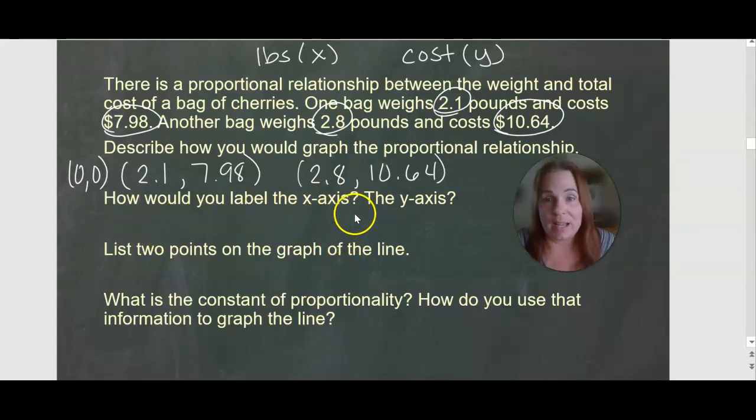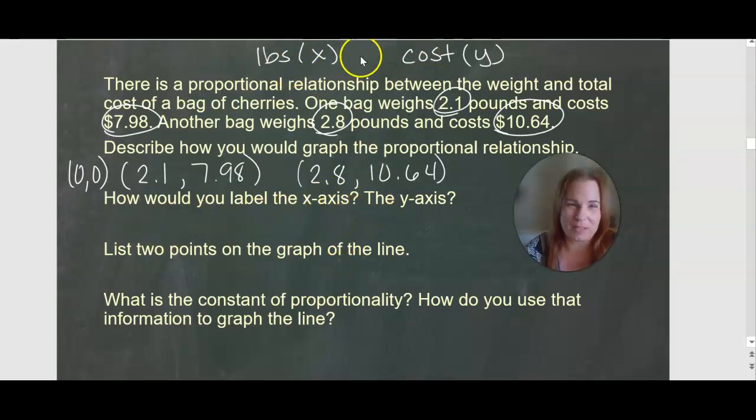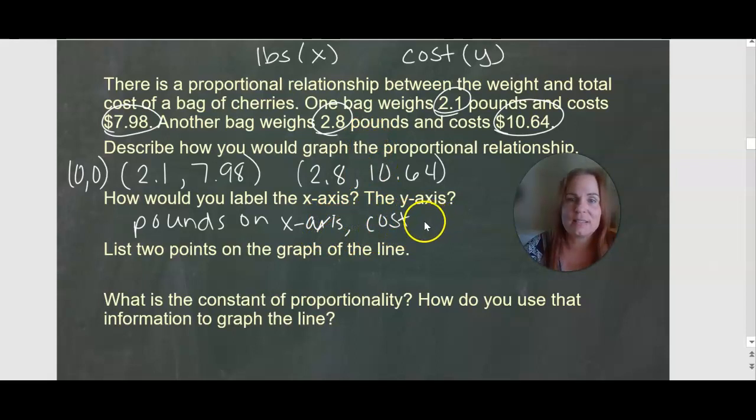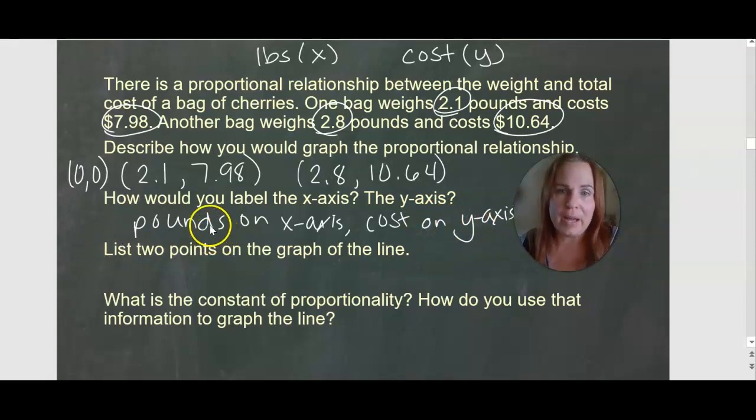How would I label the axes? Well, I talked about that up at the top already. I would label pounds on the x-axis, and I would label cost on the y-axis.